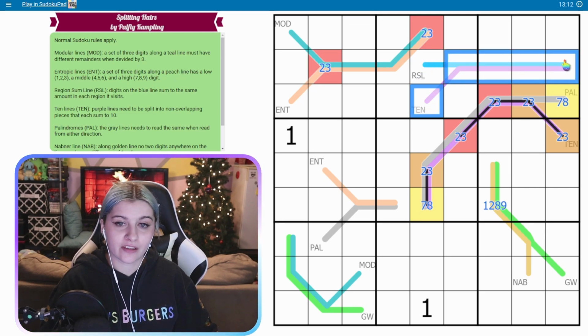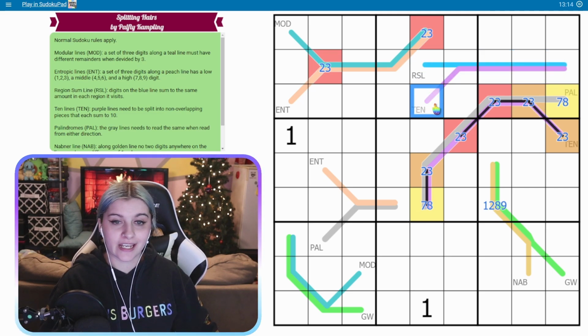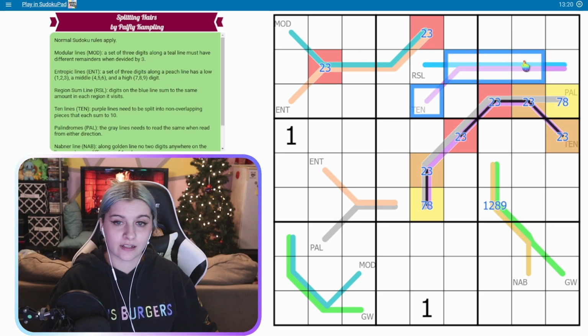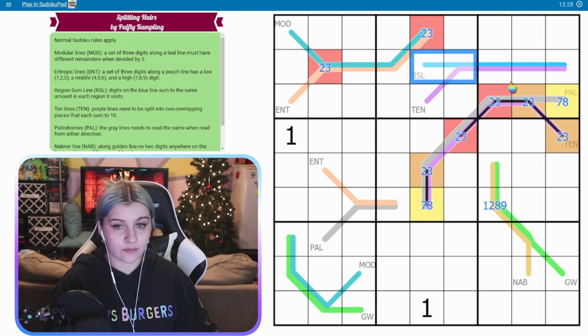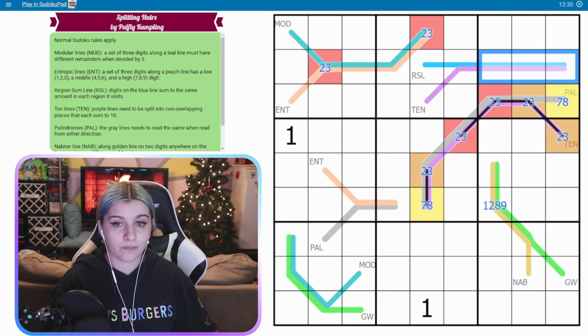I do have another 10 line. Again, I can't do 1 cell, so I can't do 1 and 4. I could do 2 and 3 or 3 and 2. Cannot do 4 and 1. This is a region sum line where these 2 cells will have the same sum as these 3.